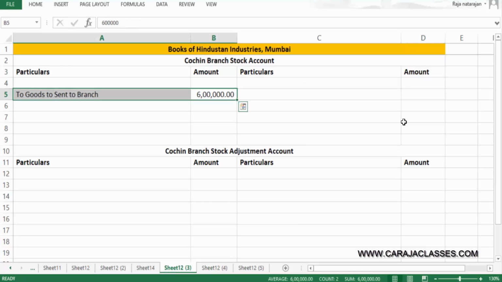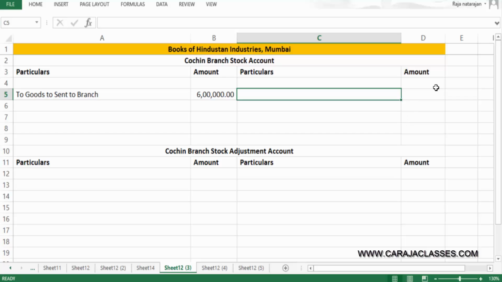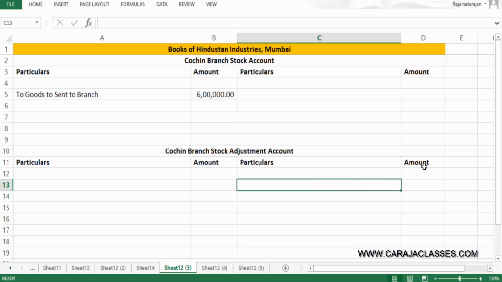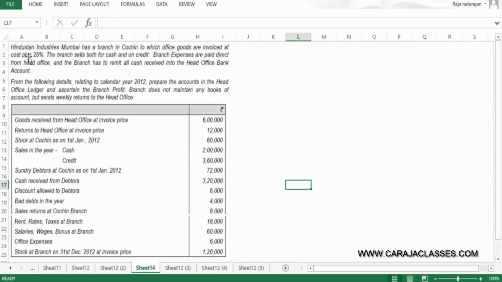Then coming back to the loading element. Loading, I'm not going to have it on credit, rather I'll come to Cochin branch stock adjustment account. I'll leave one line gap for capturing the opening balance. So here I'll say by goods sent to branch account, and we know the 600,000 includes the profit of, what is the information in the question, cost plus 25%.